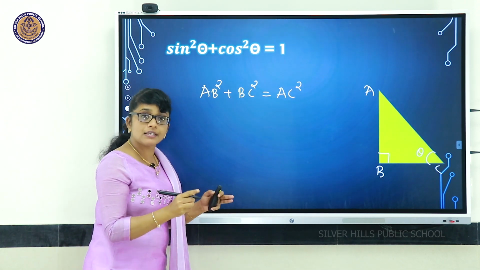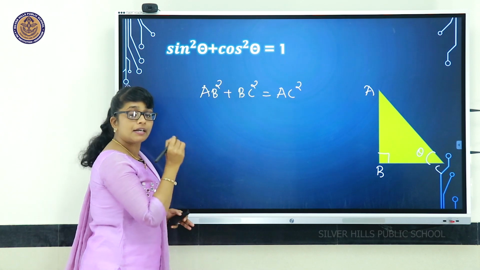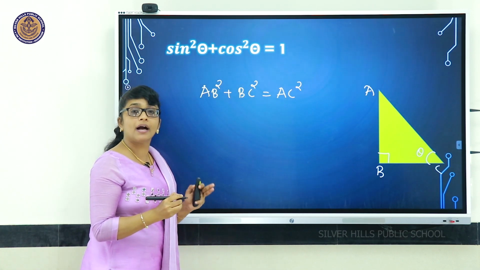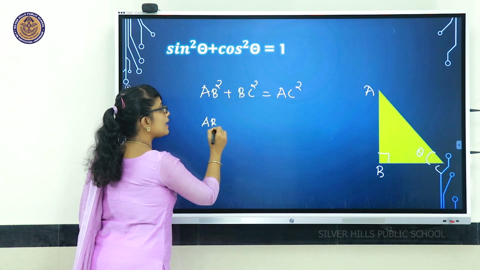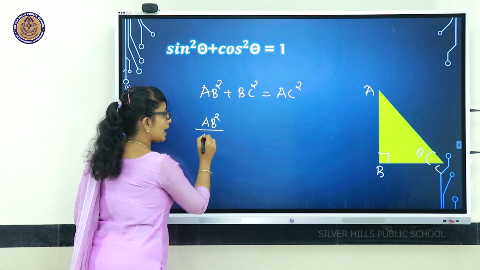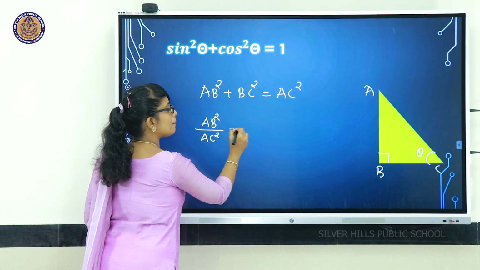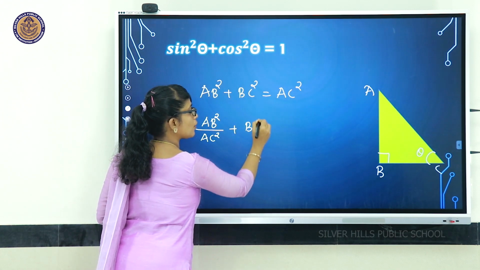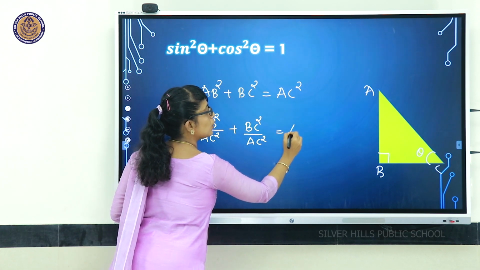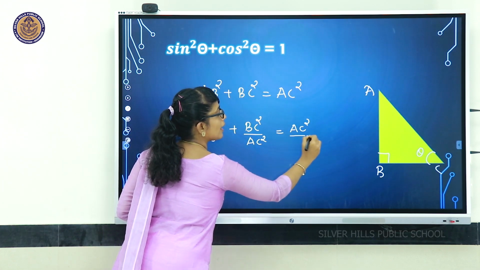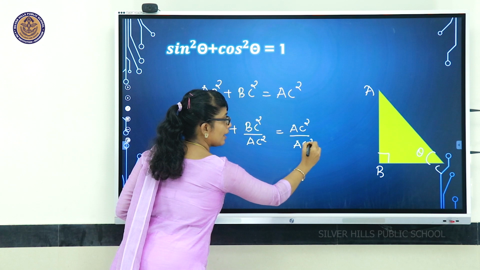For proving this identity, we can divide throughout by AC square. That is AB square by AC square plus BC square by AC square equal to AC square by AC square.